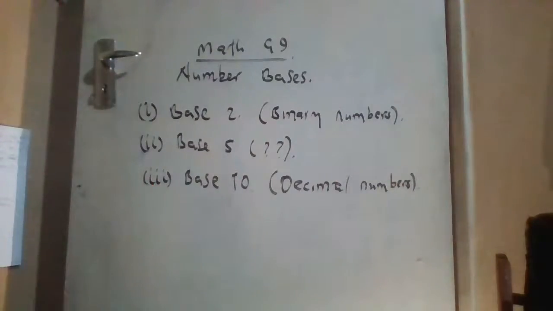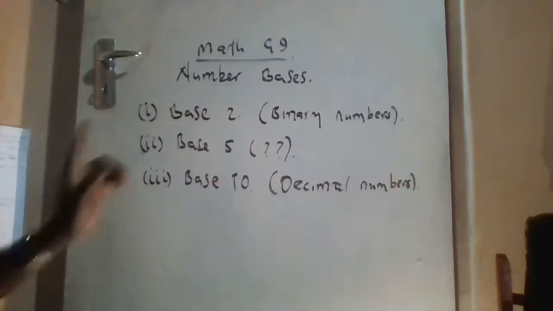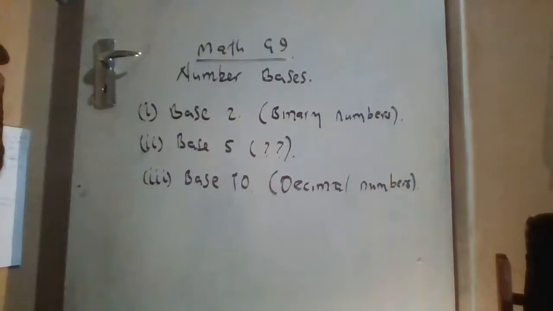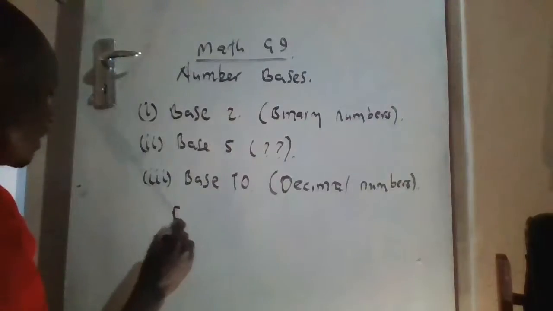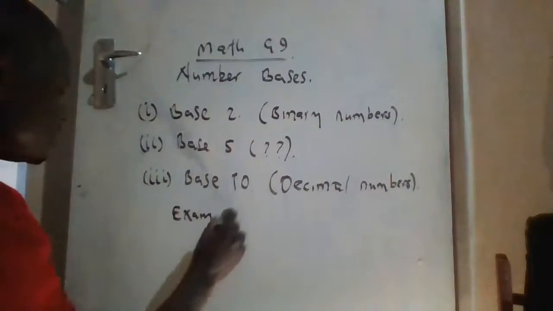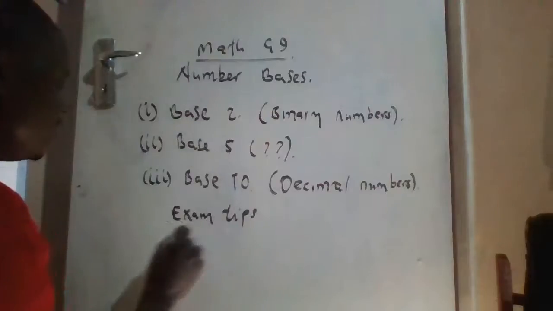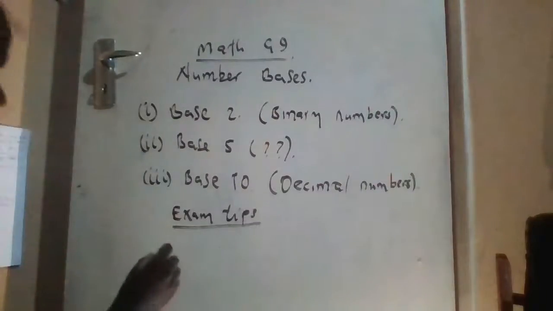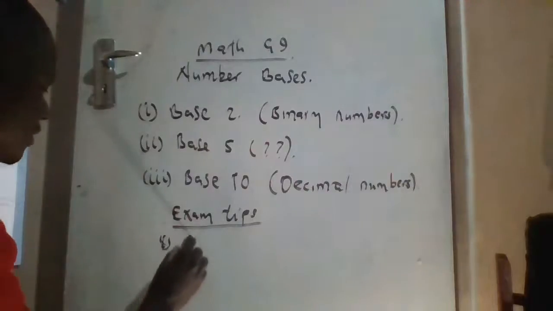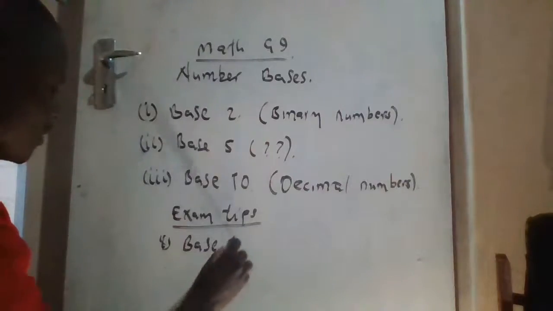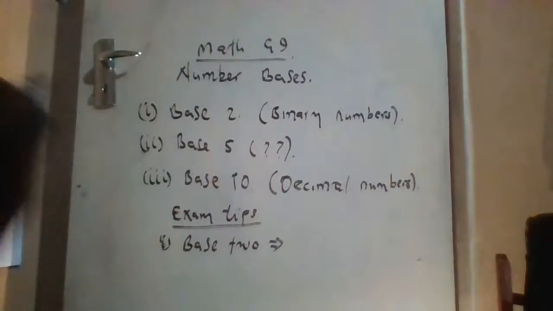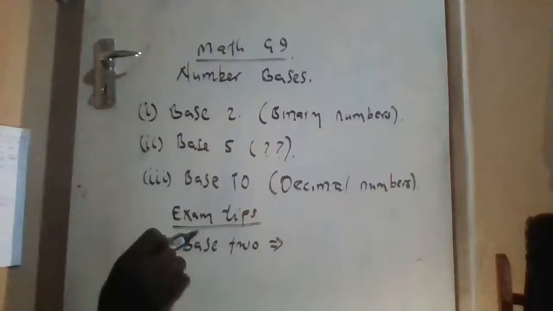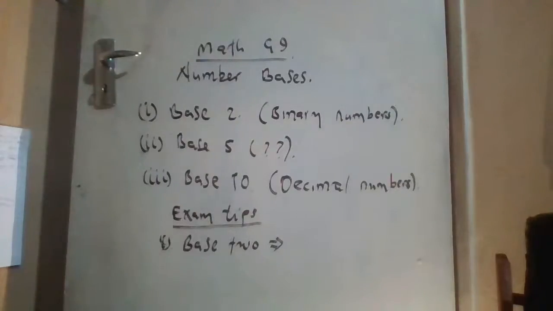But look here, there's quite an important element that is attached to this. What am I trying to say? When you are dealing with numbers in base 2, let me say exam tips, you always talk about the types of numbers that are less than the base itself.